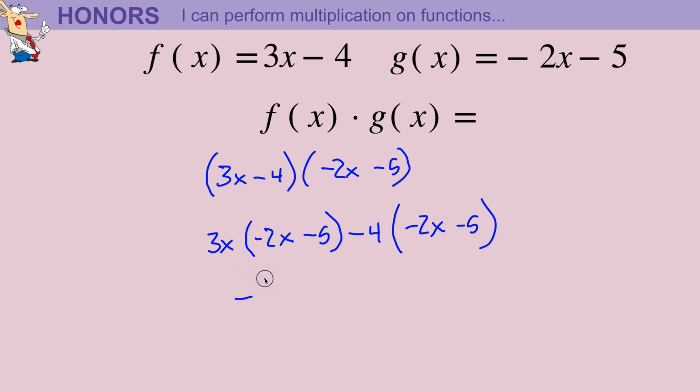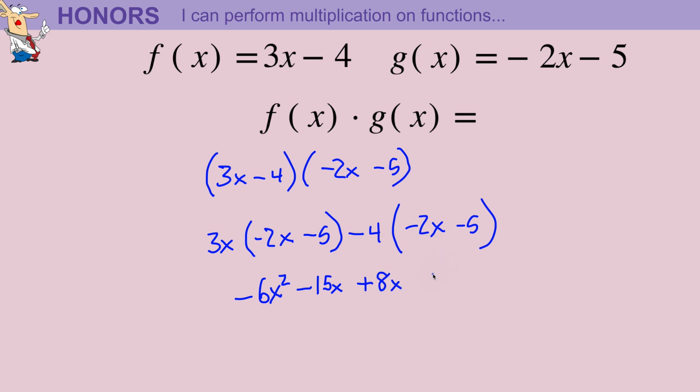So then we get negative 6x squared. Remember, that's 3 times negative 2 for the coefficients, and then the variables times each other. And then we have 3x times negative 5, which would give us negative 15x. Then we have negative 4 times negative 2x, which gives us a positive 8x.